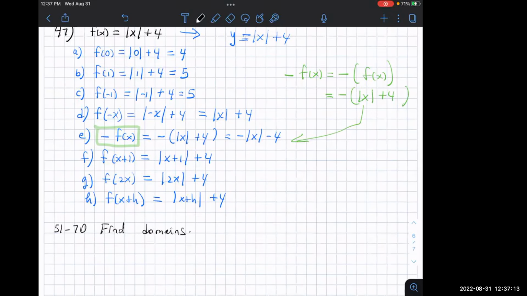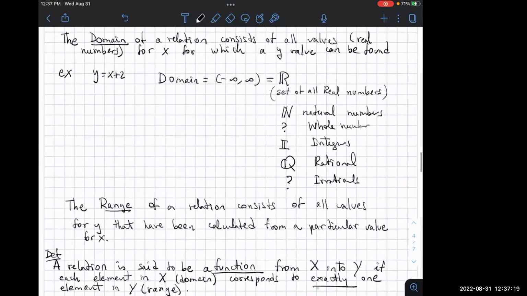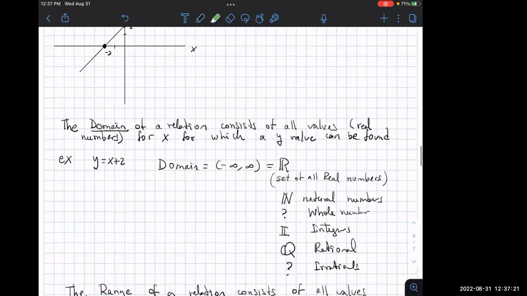So what is the domain again? If you need a quick refresh, domains consist of all values for x for which we can calculate a y.